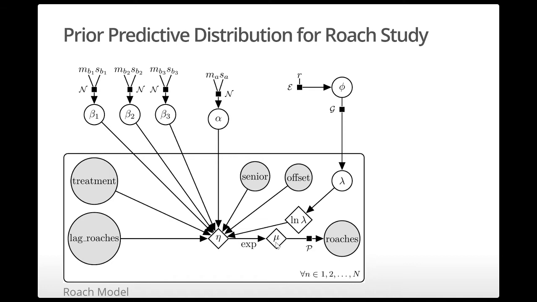We get some value of eta, which is going to be any real number. And then we apply the exponential transformation to that in order to get a strictly positive conditional expectation for the count of the number of roaches trapped.